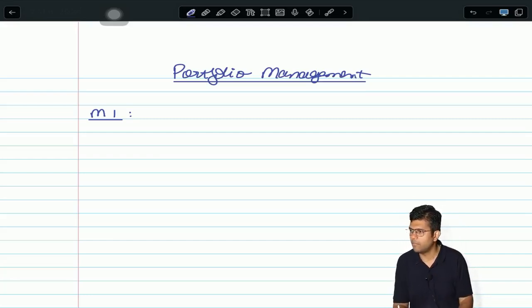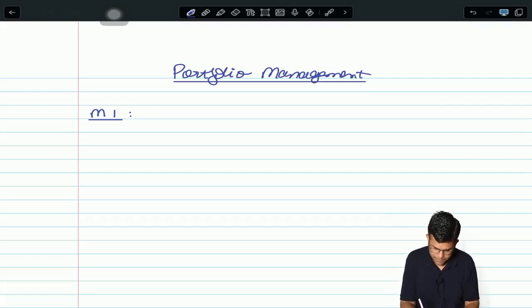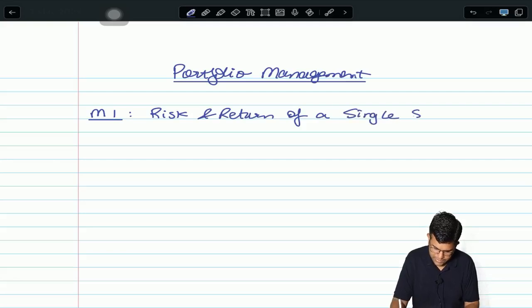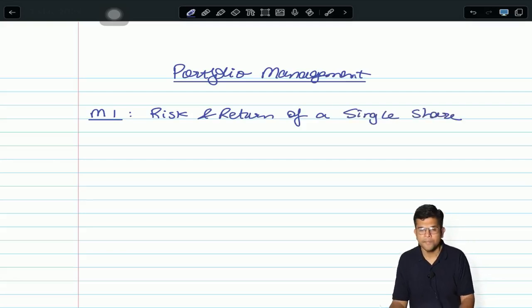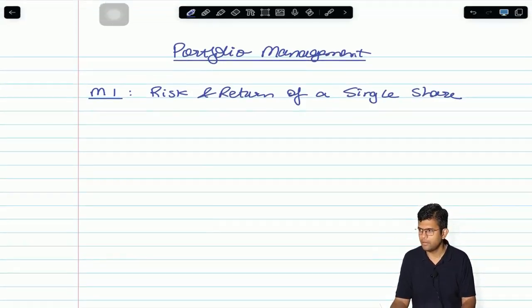Ready everyone? Module 1. Give heading: Risk and Return of a Single Share. Risk and return of a single share.